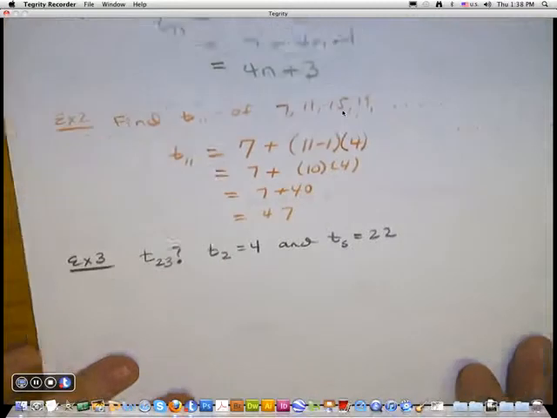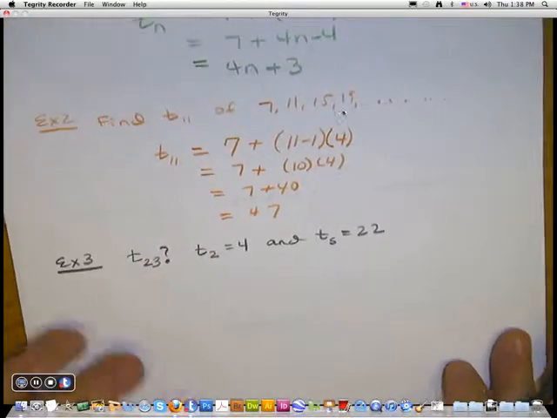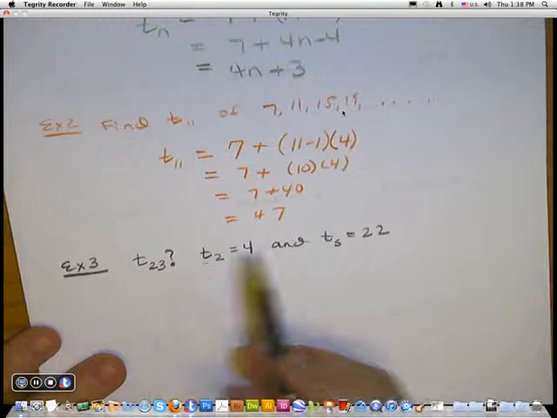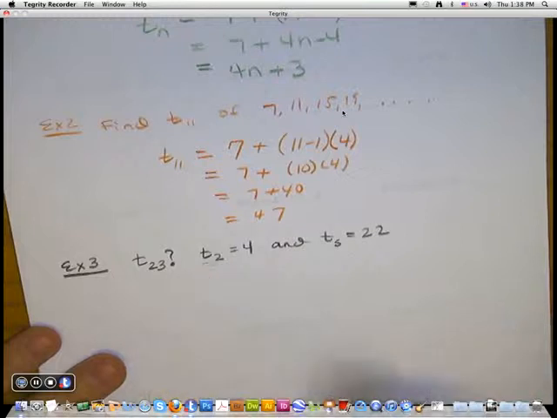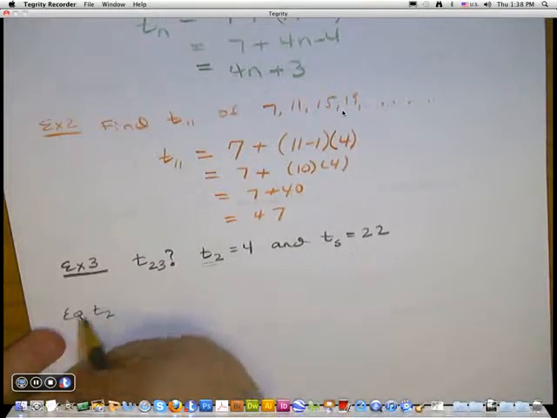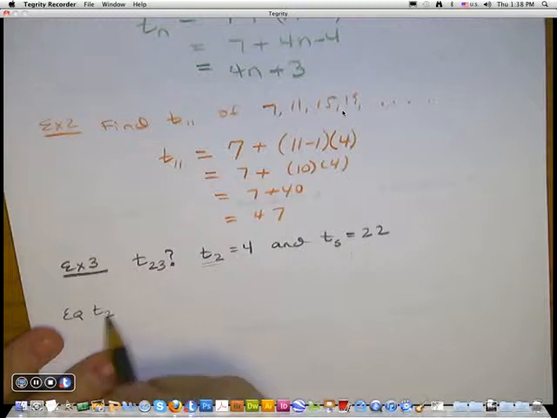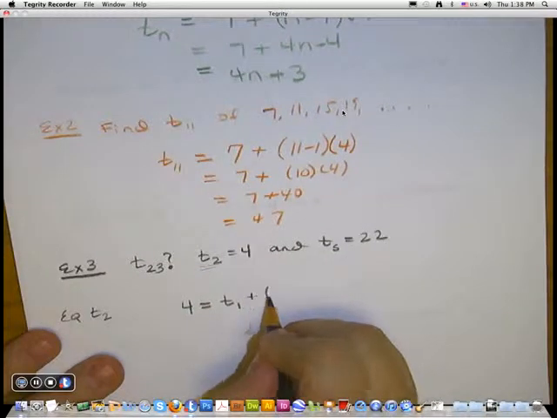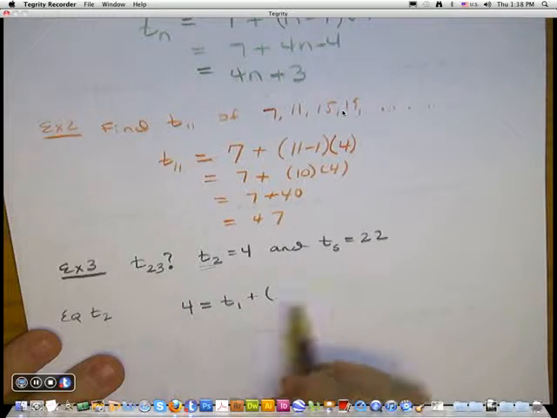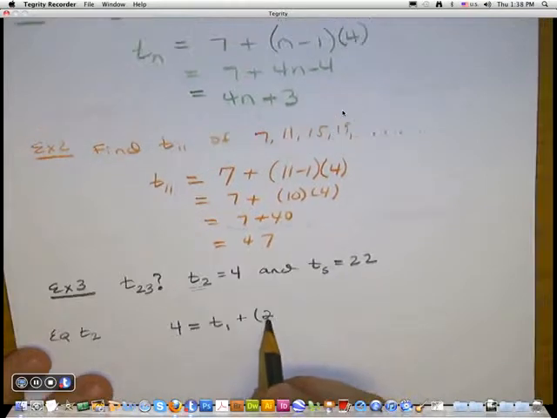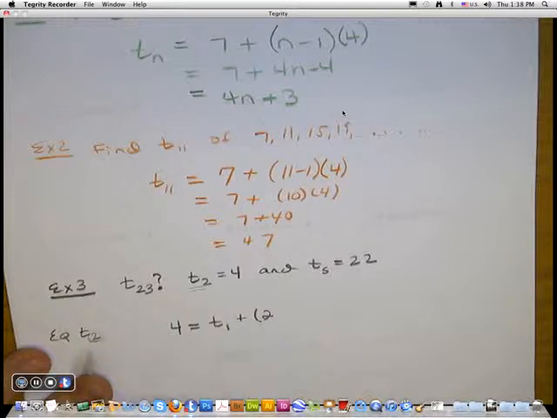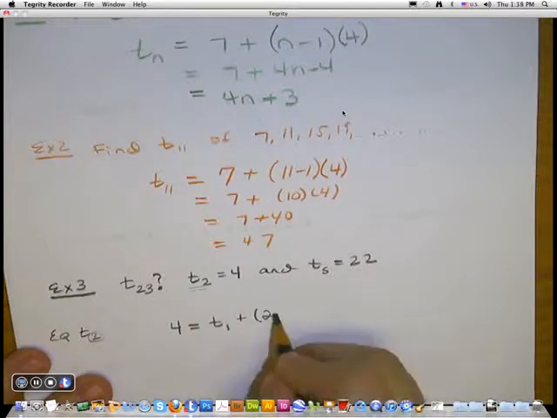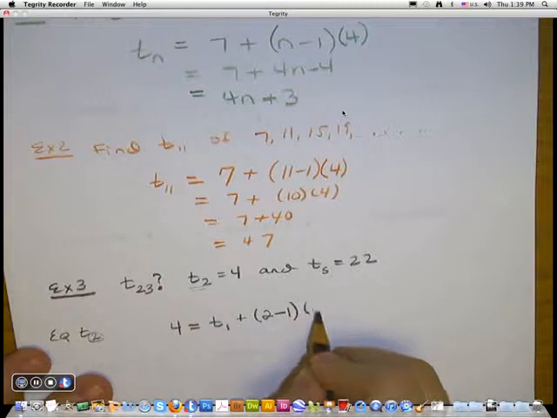Well, what we have to do is create 2 equations. We know what T2 is. We're going to set up an equation for T2. T2 is 4. We don't know what T1 is. The term number of 4 is 2, because remember the n matches up to the term number, minus 1, and then we don't know the difference.